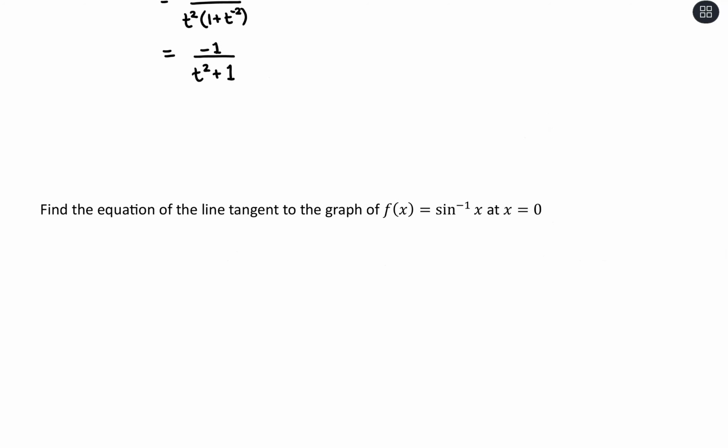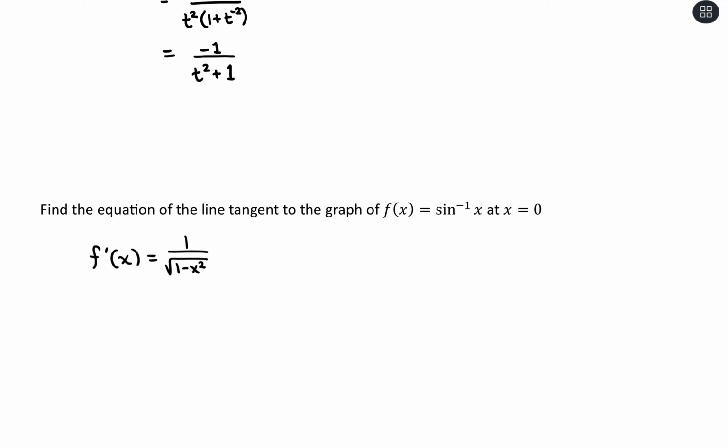Okay, say we want to find the equation of the tangent line to inverse sine of x at x equals 0. So our derivative, I might be switching those words up too much. The derivative of inverse sine of x is 1 over root 1 minus x squared.